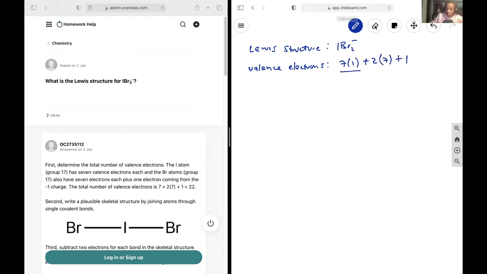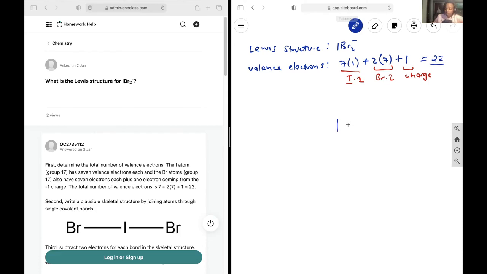So let's just label them. And this is because of the charge. And this is going to give us a total of 3 by 7, 21, plus 1, 22. So I have 22 electrons to distribute.